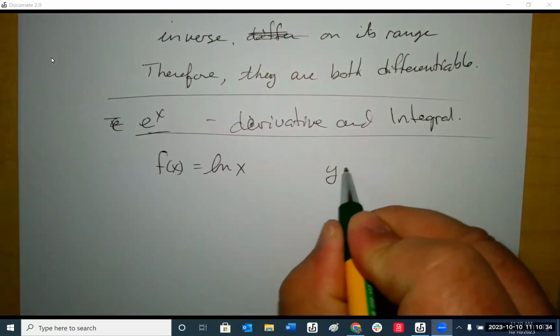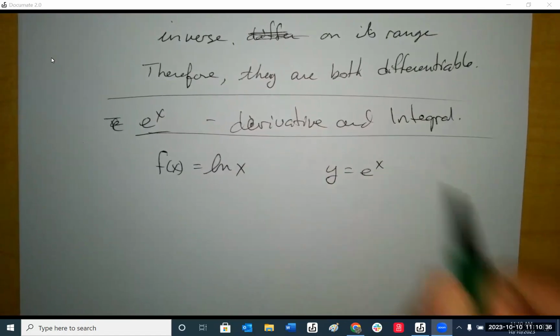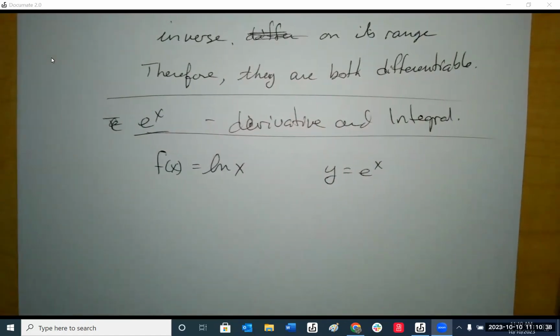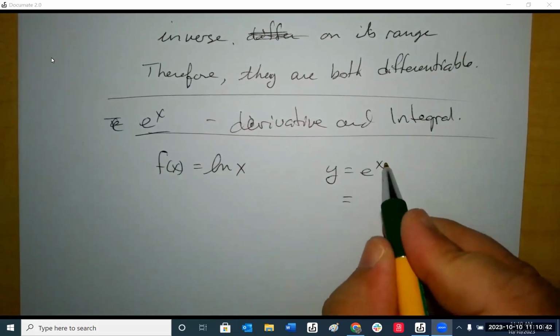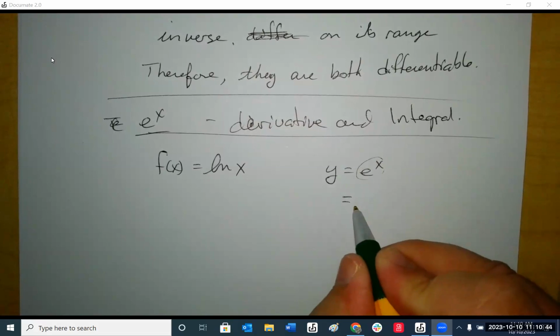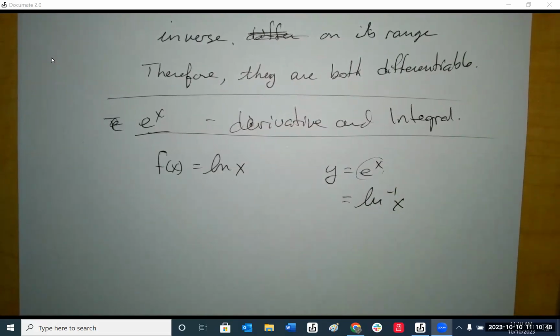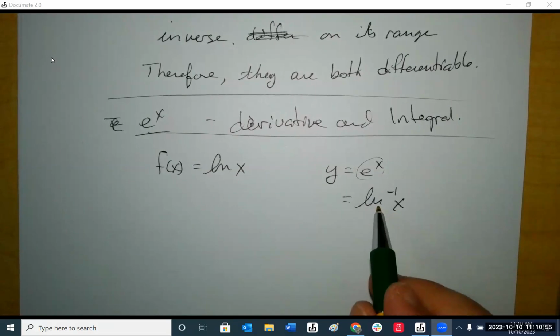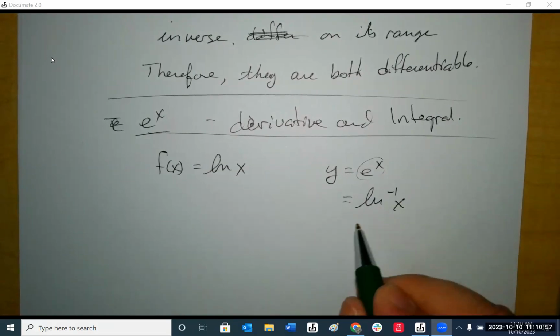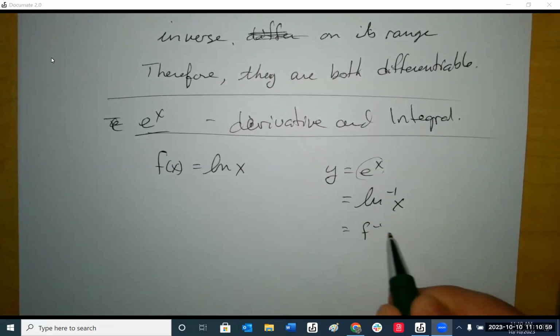We're saying that y is equal to the exponential function. This exponential function is the inverse of the logarithmic function. Since ln, the inverse, that means it's the inverse of the function.